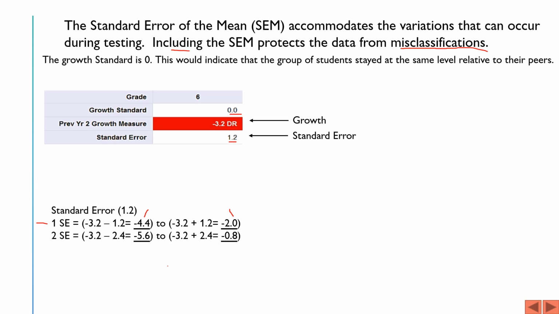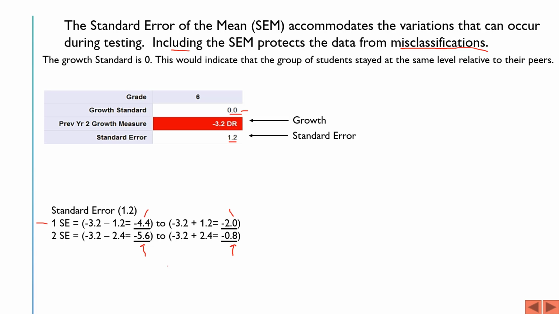That would be our range for one standard error. When we're looking at 2 standard errors, it could drop as low as negative 5.6 and go as high as negative 0.8. No matter what, we aren't seeing a growth above the growth standard of 0 in this case.